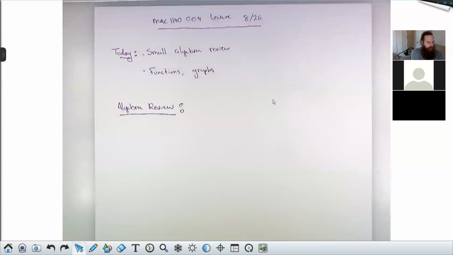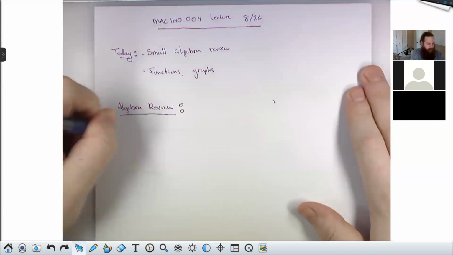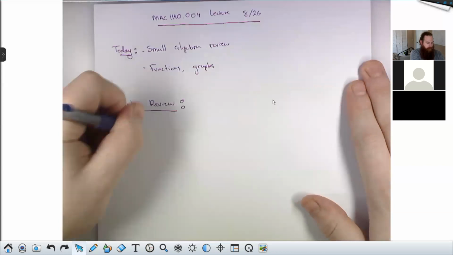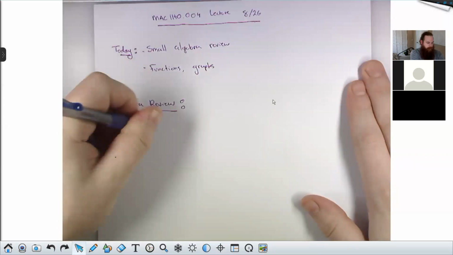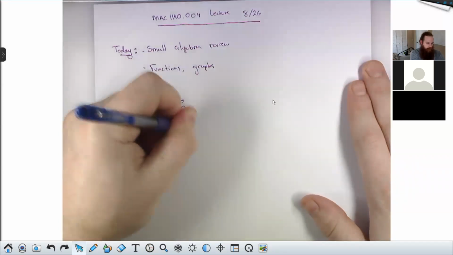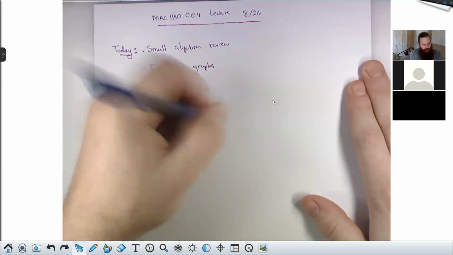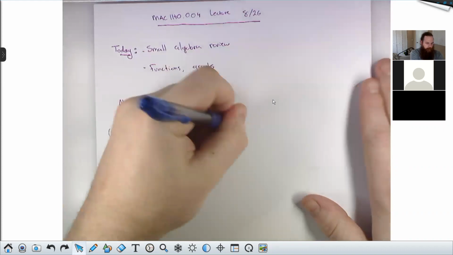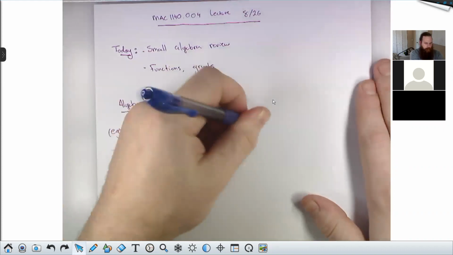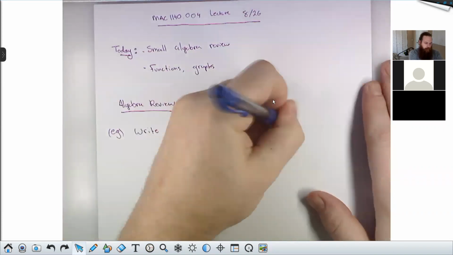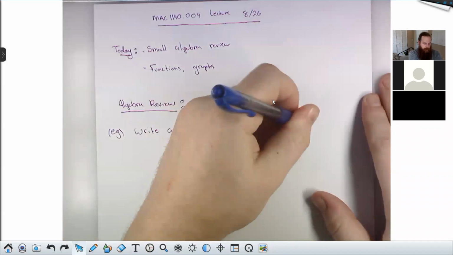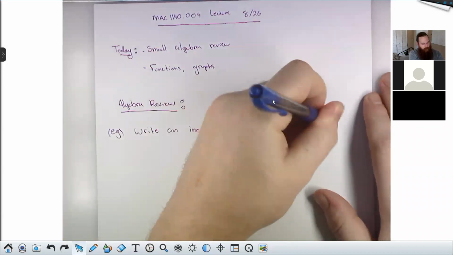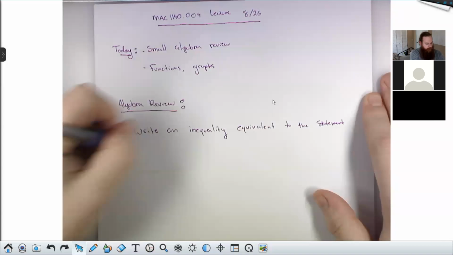If I asked you to write an inequality equivalent to the statement, I'll do a few of these.